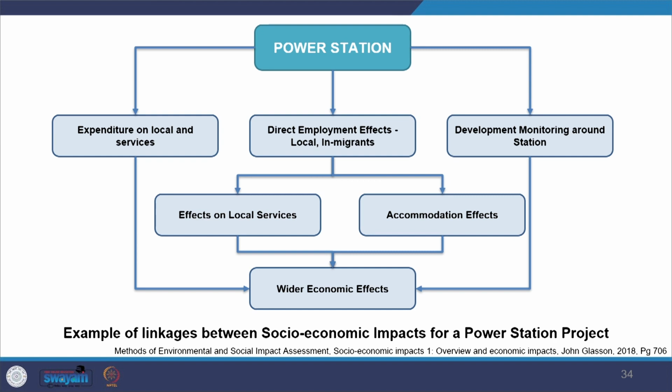So direct employment effect can also have effect on the local services. It can have effect on the accommodation, the housing requirements, and then altogether can have a wider economic impact. So when you're looking at a local area, then the socioeconomic impact can also happen at the wider regional level or national level as well.